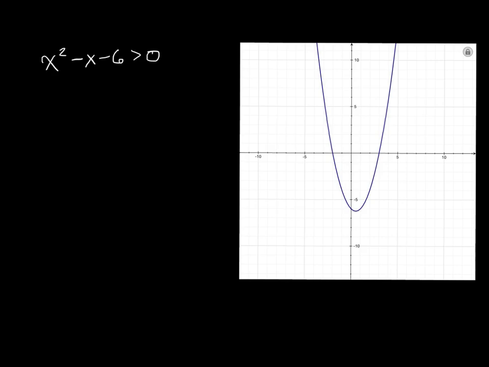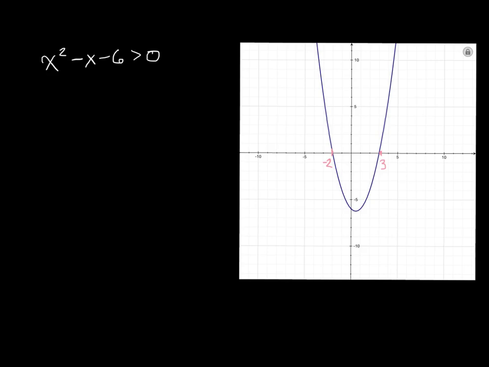Now we can actually see the solution graphically. We want to know when this function, this parabola, is above the x-axis. When is this positive? Our function is positive here and here. It looks like this is starting at -2 and that this is 3.